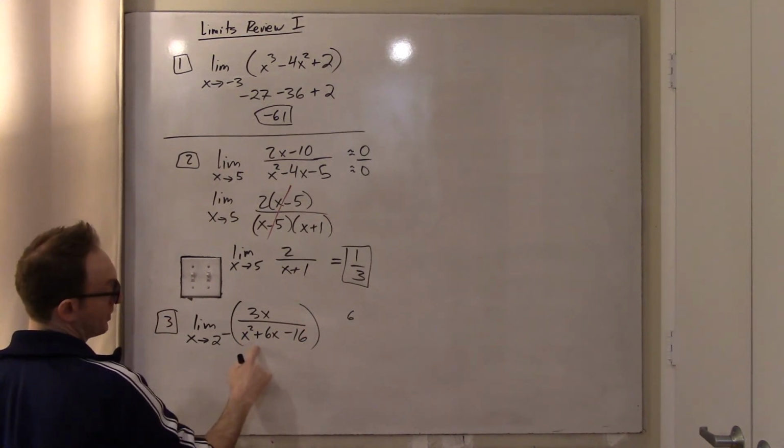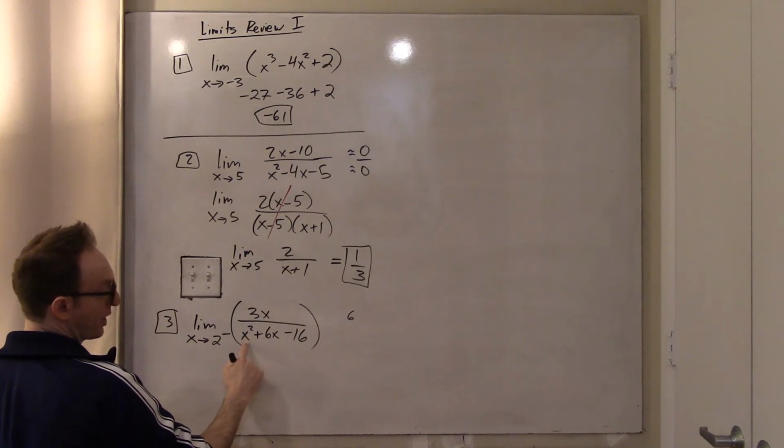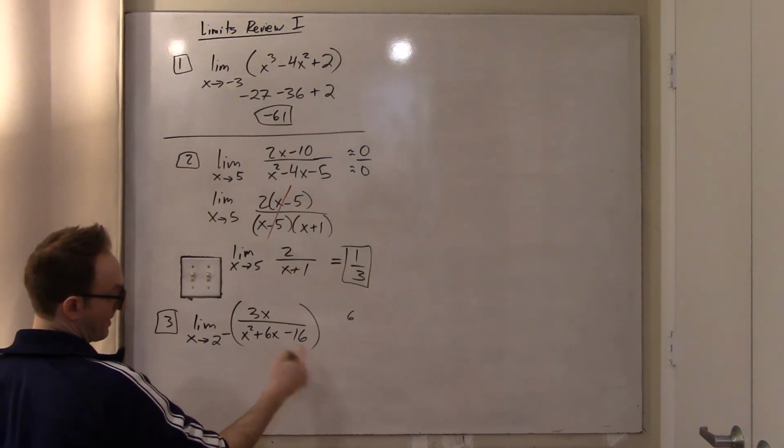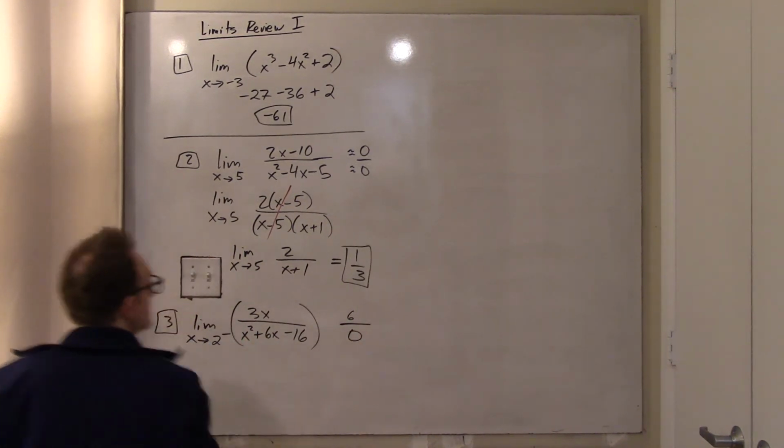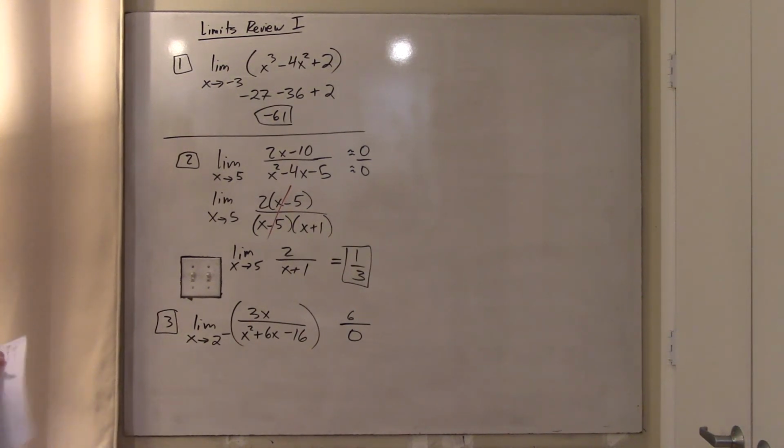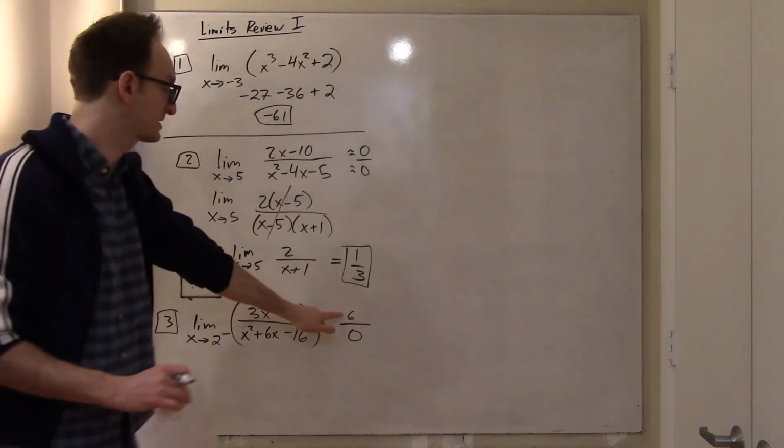If I plug in 2 on the bottom, I'm going to get 4, and 12 is 16 minus 16 is going to be over 0. So I can tell you right now that this is going to be some kind of infinity or negative infinity situation. So now what's relevant is whether that denominator is a tiny positive number or a tiny negative number. This numerator is basically just 6.